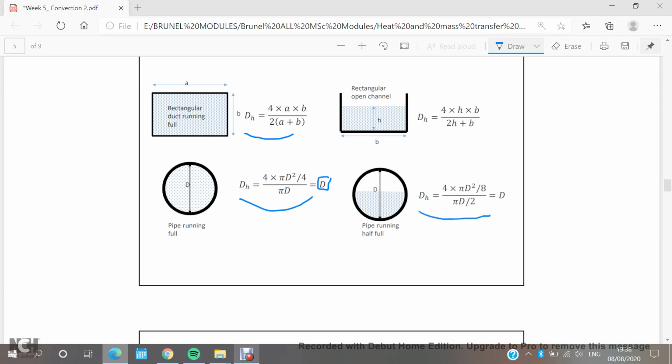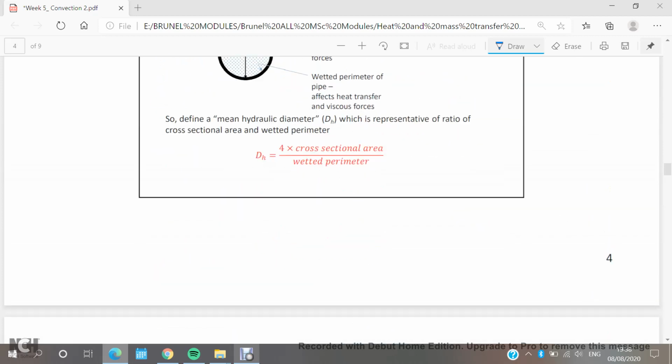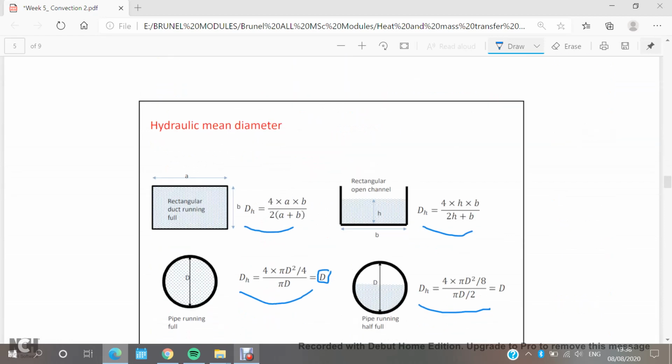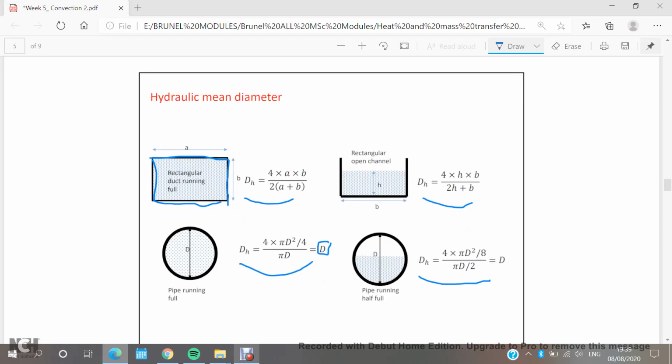The hydraulic diameter will be calculated from these equations as well. Generally, the hydraulic diameter is equal to 4 times the cross-section area of the geometry divided by the wetted perimeter. And the wetted perimeter is the sum of all of the fluid-touching lengths, or wetting sides, of this cross-section area.